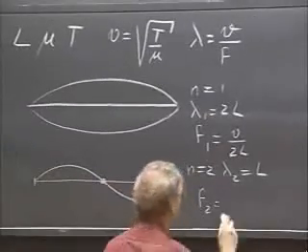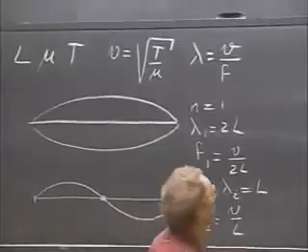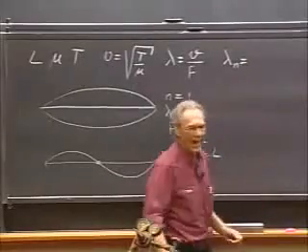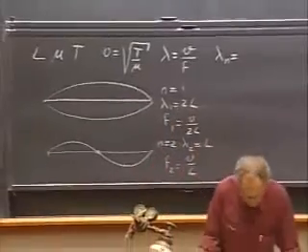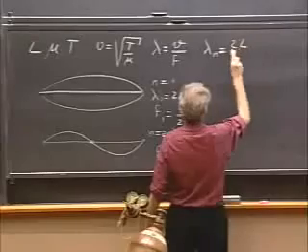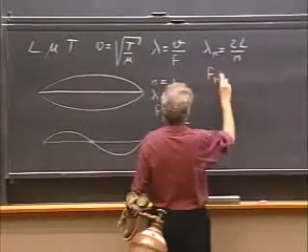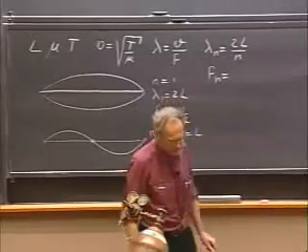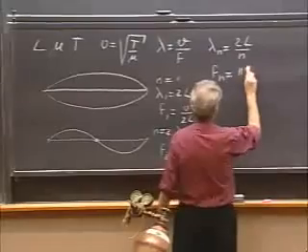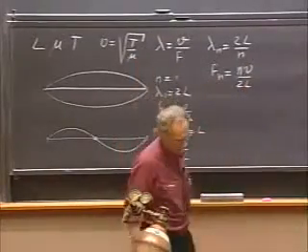So that becomes now V divided by L. And so we can write down now the general equation for the nth mode, n being Nancy. Lambda n is then 2L divided by n, and the frequency in the nth harmonic is then nV divided by 2L. And this V is given there.